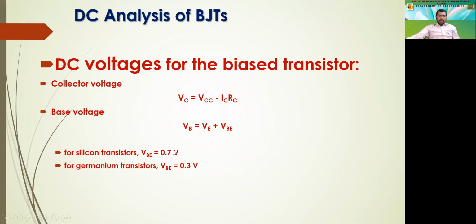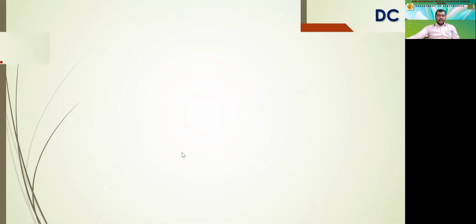So VB should be 0.7 for silicon, and for germanium it should be 0.3. As I told you, if the diode is made up of germanium, then the forward bias voltage that is required is 0.3 volt, and for silicon it should be 0.7 volt. So that is shown over here in DC analysis.